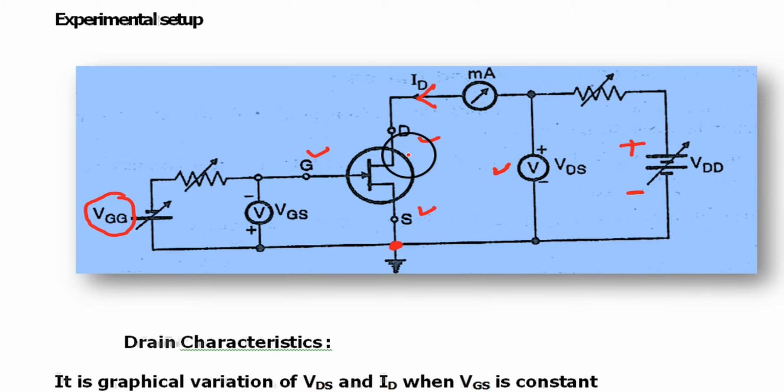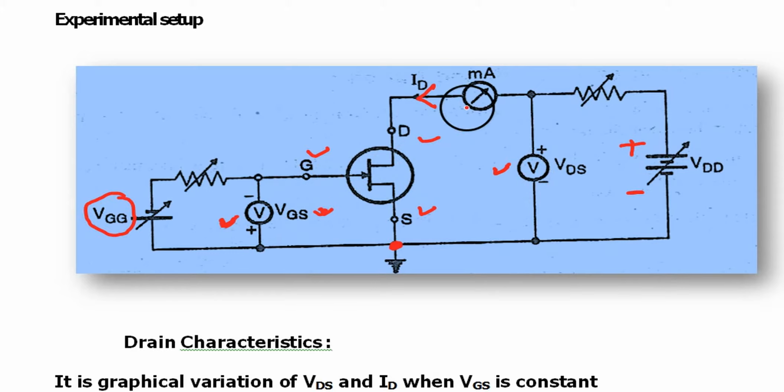This voltmeter will measure the voltage between drain and source. This voltmeter will measure the voltage between gate and source. There are two voltmeters, this one and this one.